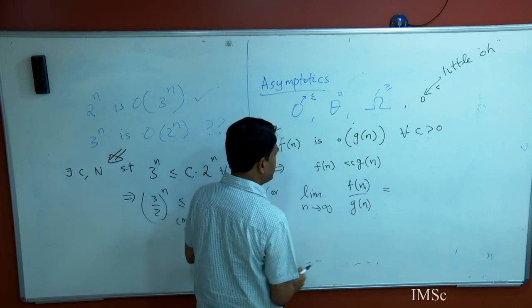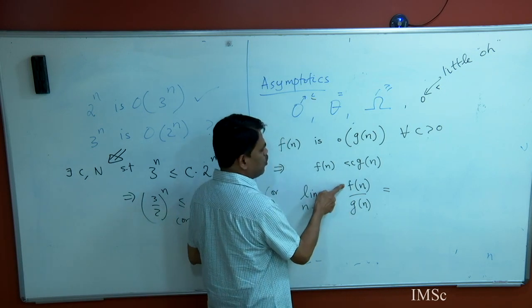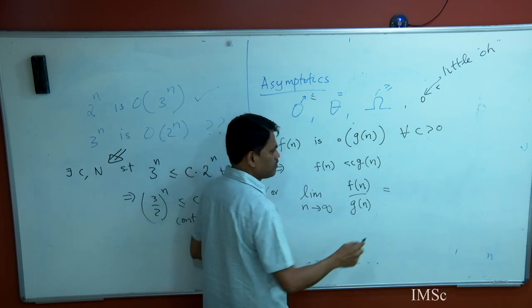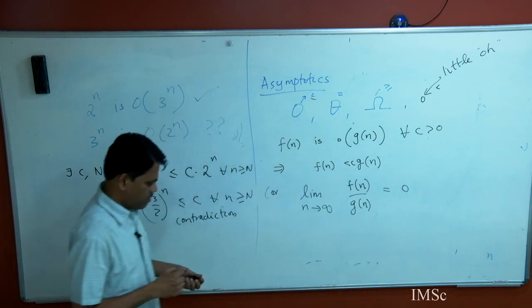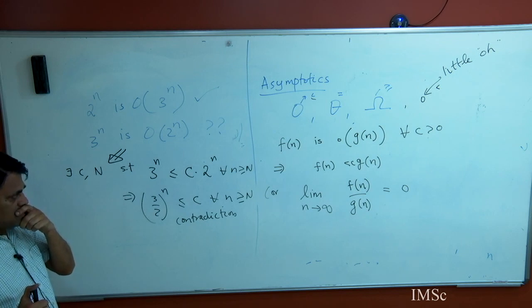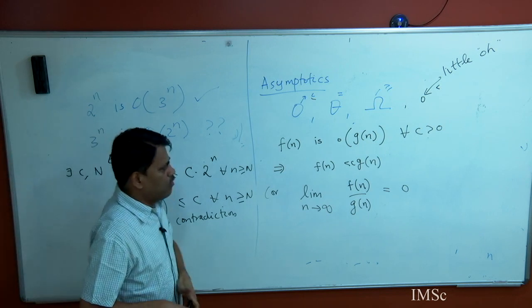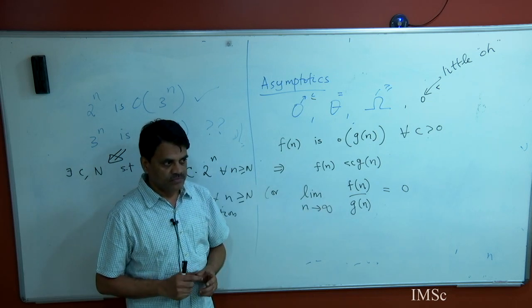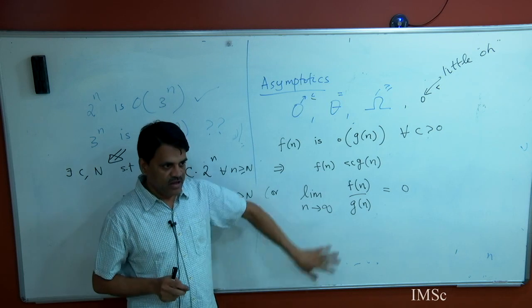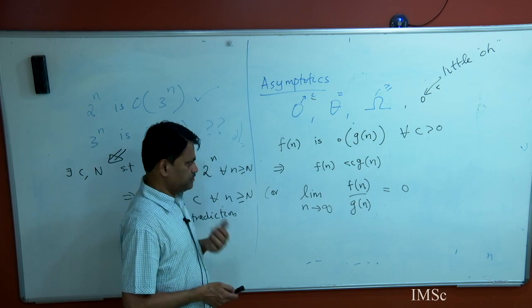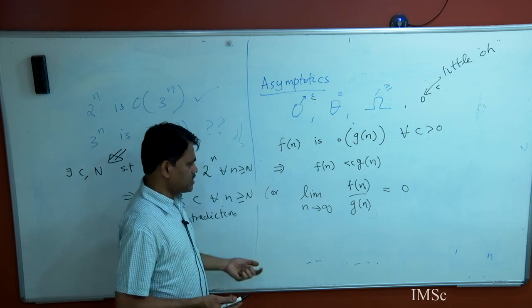So, as n tends to infinity, since f(n) is a strictly slower growing function than g(n), this is going fast. So, what would be the limit? 0. Yes. Right. So, for example, what would this be if f(n) is theta of g(n)? If f(n) is theta of g(n), then the limit would be a constant, right? So let's look at some examples.